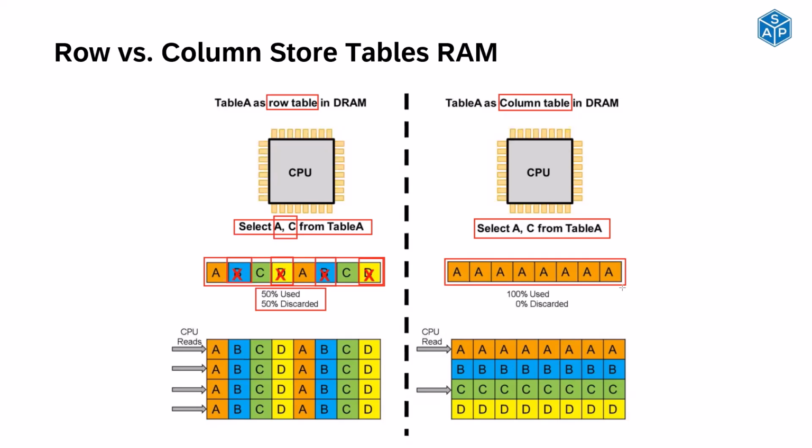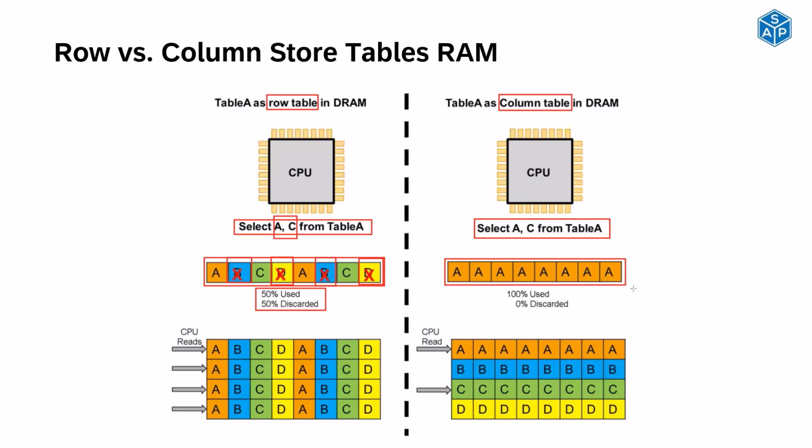For example, your table has 10 columns, but you need only 3 or 4 columns. Only those 3 or 4 columns of data will be loaded in your memory, because that is called a column store. Your database is optimized, so it can directly go and read the column, with no need to go through row-wise.